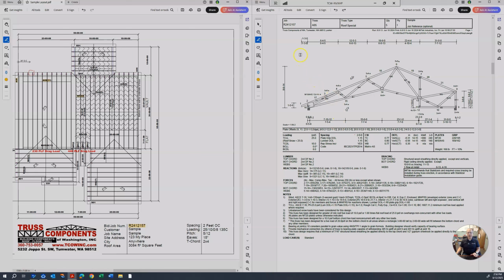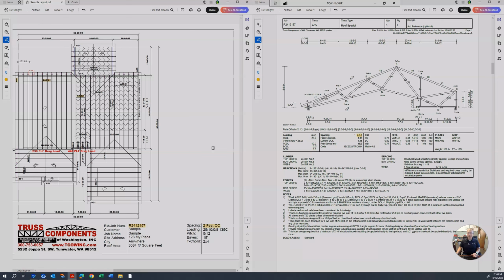Another bit of information is the spacing, and this tells us how close together the trusses are. And this is typically referred to as feet on center. So 2 feet, 0 inches, and 0/16 is the spacing on this particular truss package, which aligns with the layout that says that the trusses go 2 feet on center.